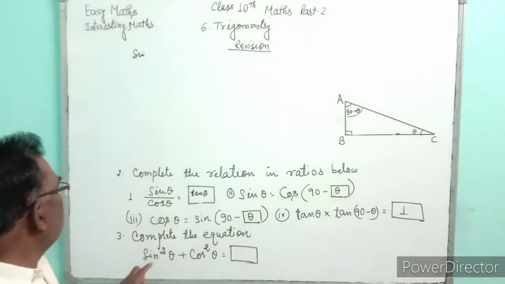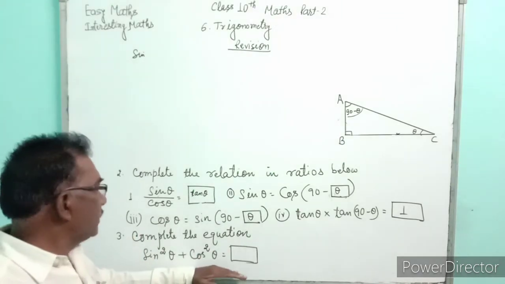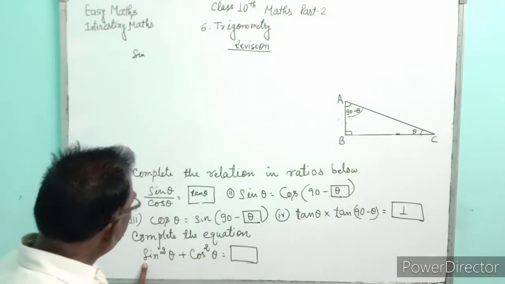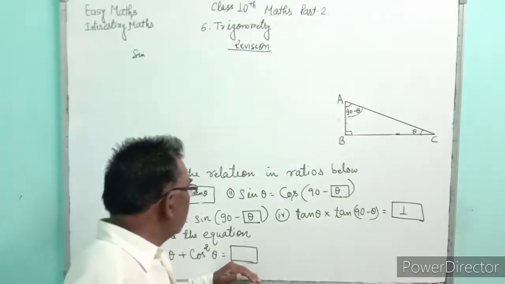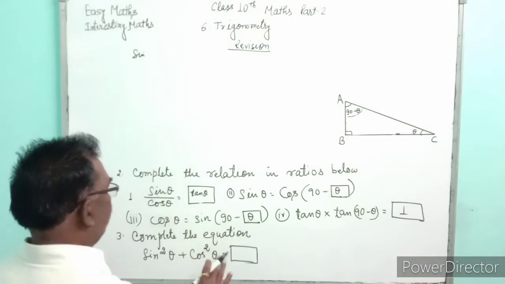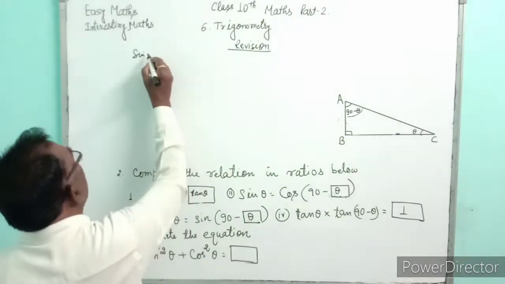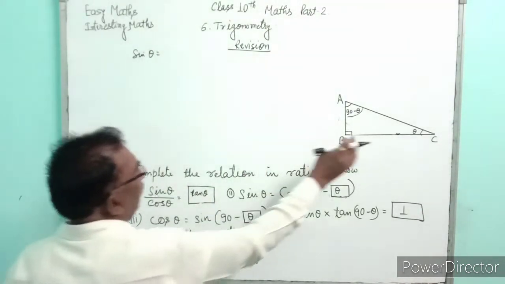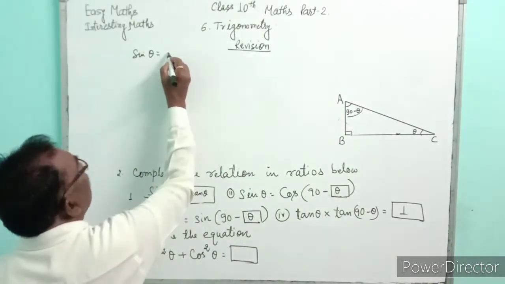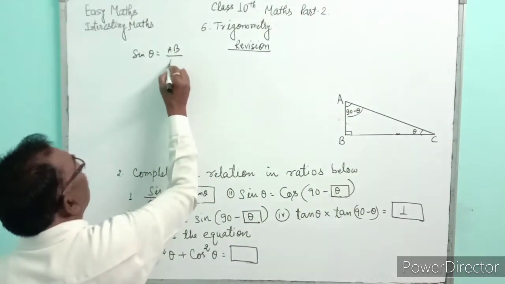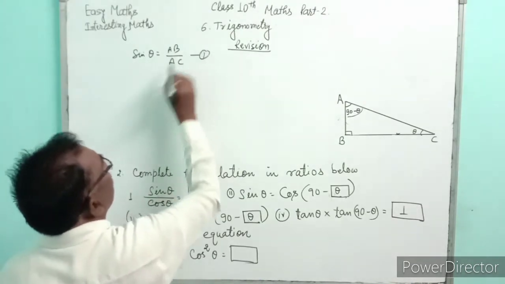Complete the equation. We have to complete this equation. The right hand side is given and we write the left hand side in the blank space. Sin theta is equal to, according to this figure, AB by AC. Number 1.